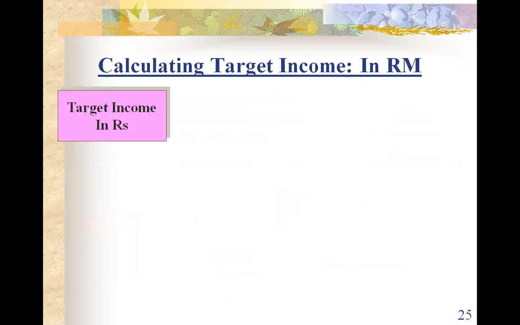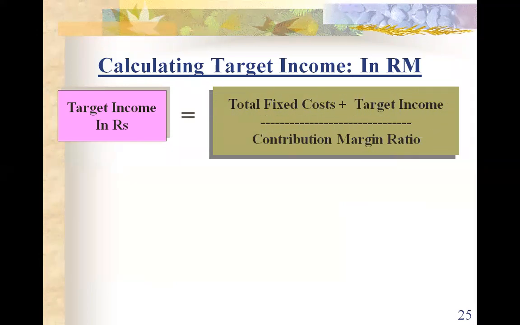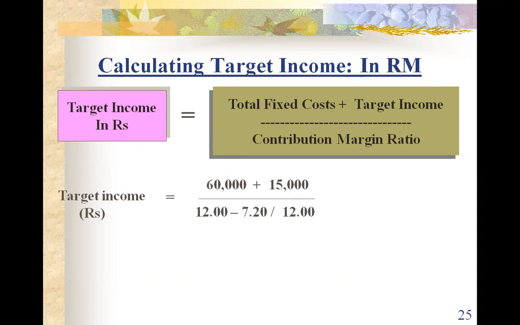And now we'll talk about the target income in amount. Total fixed cost plus target income divided by contribution margin ratio. So 60,000 plus 15,000, and we already calculated that the contribution margin ratio is 40%. So divide it by 40%. Now that means the target sales is 1,87,500.